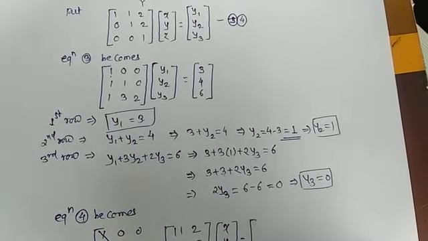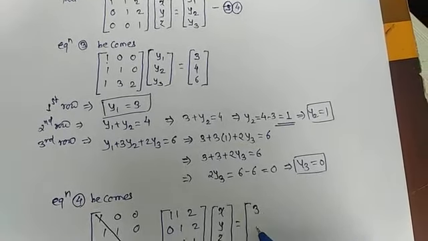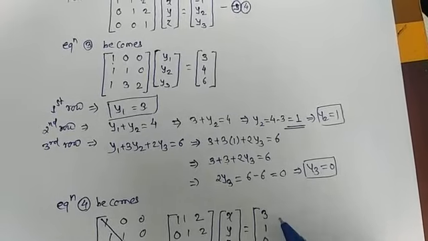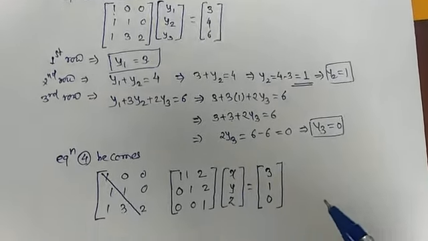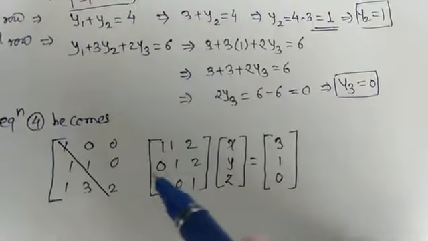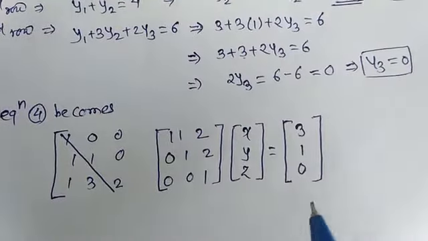Here the y1 value is 3, the y2 value is 1, and the y3 value is 0. So equation 4 will give the values of x, y and z.